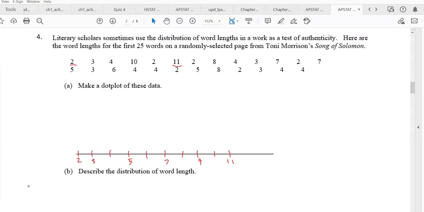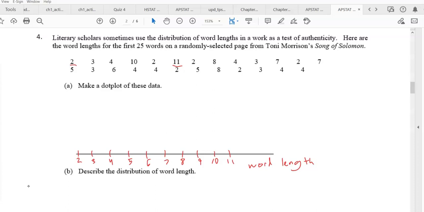Then I need to label. What does this represent? This seems to be word length. We're talking about the word length, so I probably should put that right underneath there, but I ran out of room. The word length is the axis there.